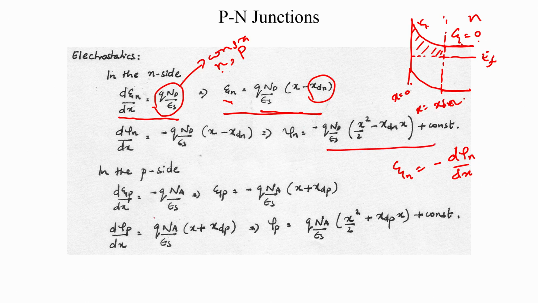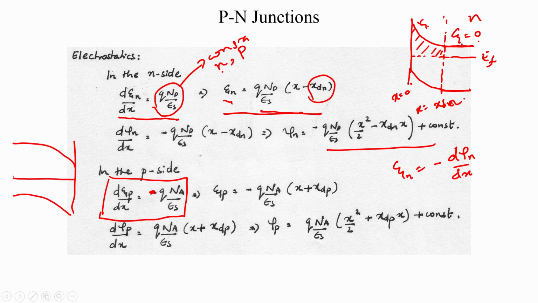Then on the p side, you have your Poisson equation defined by this expression, where this is the charge concentration. Na is all negatively charged ions, and therefore you have a negative sign, and you apply the boundary condition. If you look at the p side, you have a band bending that looks like that.